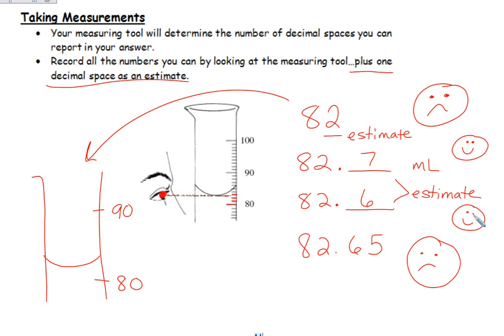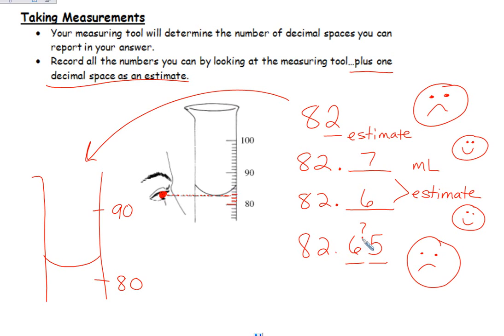No, this last one, again, sometimes people will say, oh, I don't know, I couldn't decide, 82.6, 82.7, so I'll just say 82.65. No, you can't do that. You just took 2 estimates. You only get 1 estimate. Now these are both estimates. You don't know that it hits the 6.